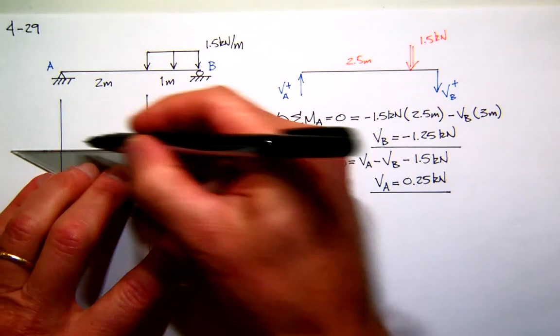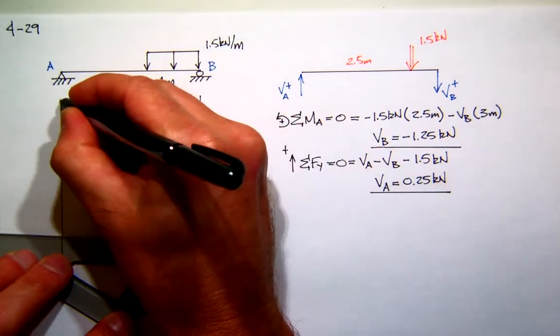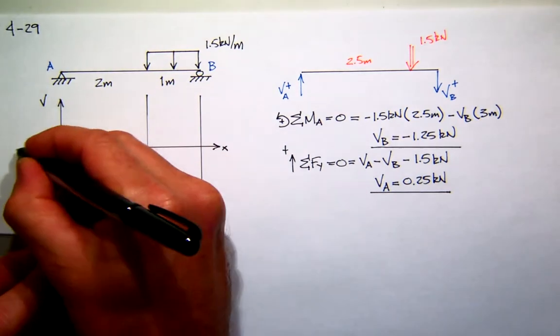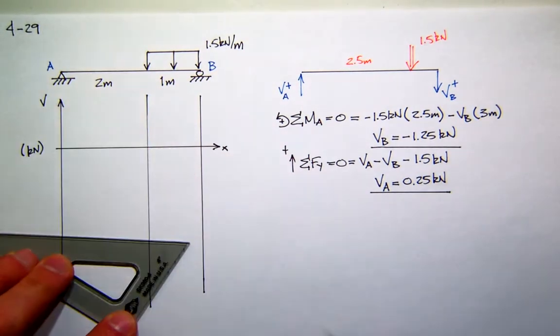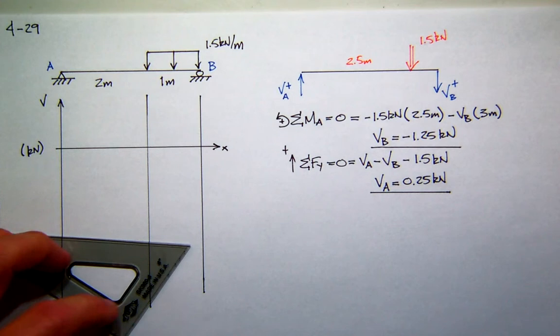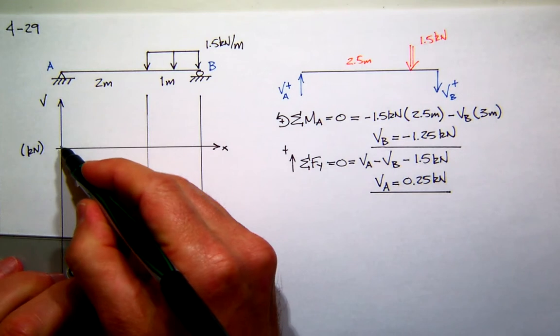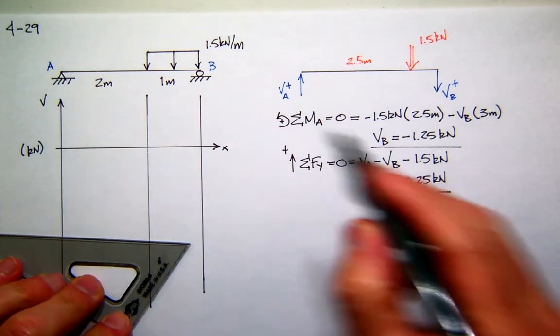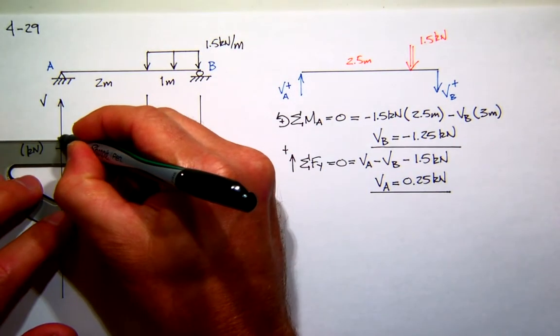And then from that, we'll establish positive x and positive shear, and all of our units will be in kilonewtons. Okay, so what is the shear at A? 0.25 positive.